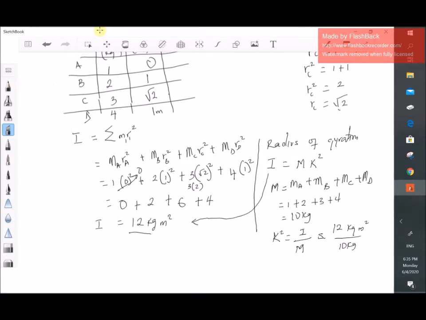So my k squared is equal to 1.2 meter squared.